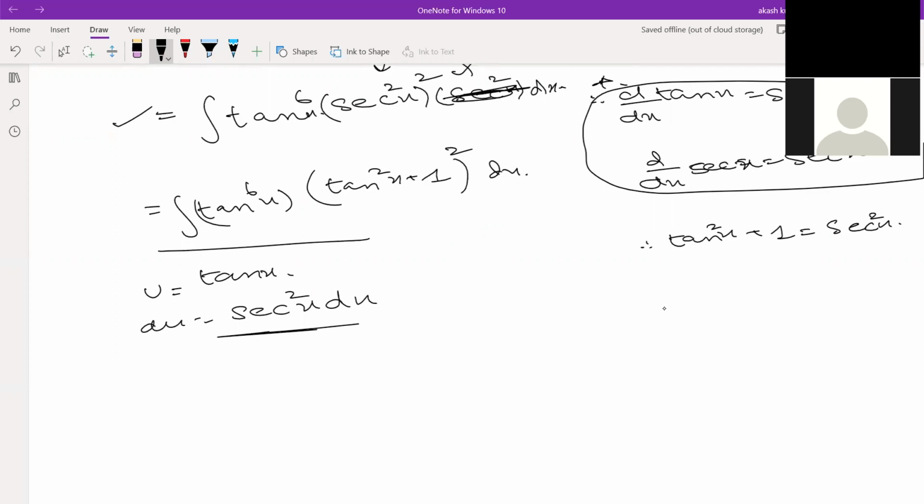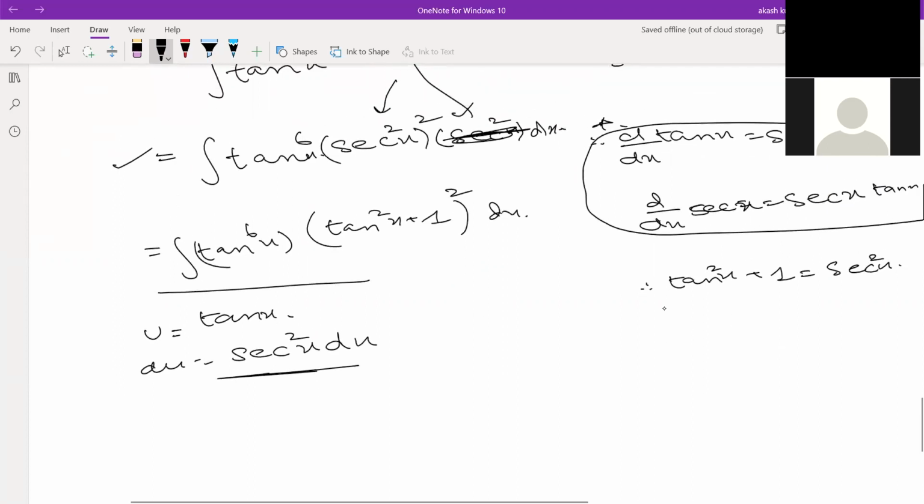If I choose sec squared x as a whole square, there isn't any factor in terms of sec squared x dx. So if I write sec squared x and sec squared x, then I have sec squared x dx, and instead of sec squared x dx, I can write du after applying u substitution. Is it clear? Yes. Okay.